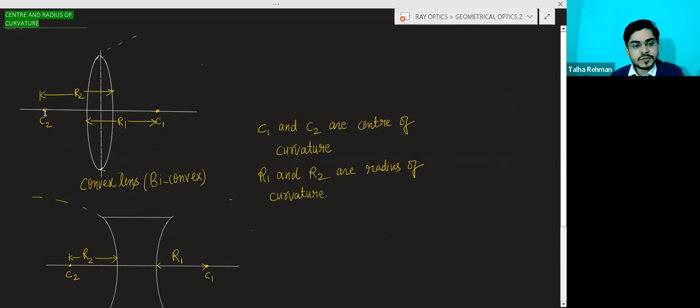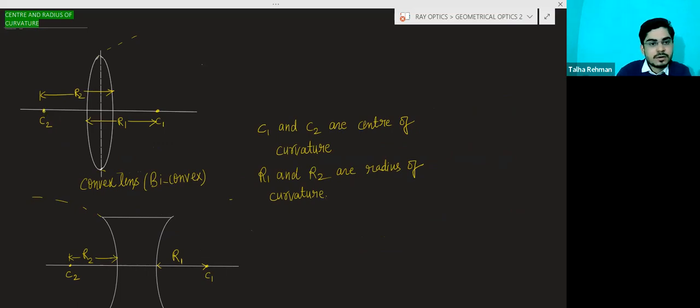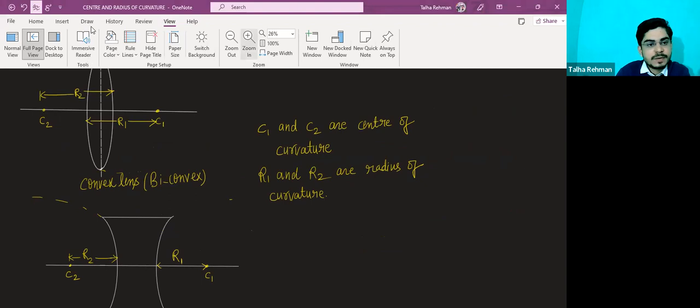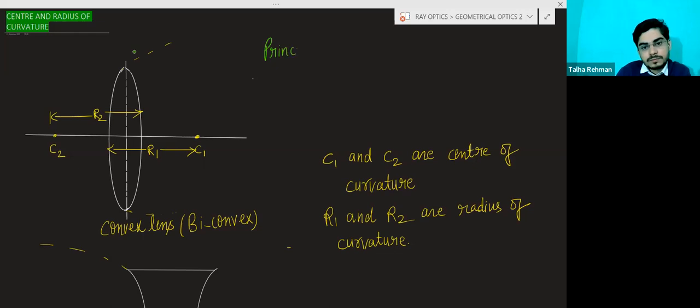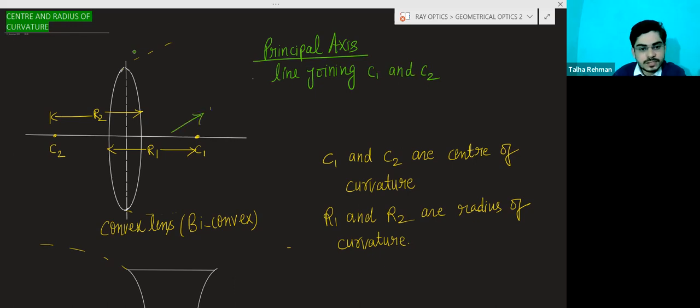And the line joining C1 and C2 is known as the principal axis. One more point we will add here: principal axis. So what is the principal axis?